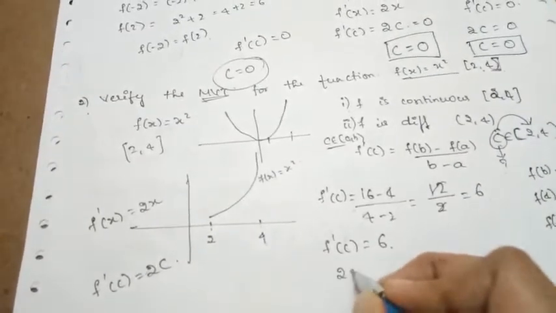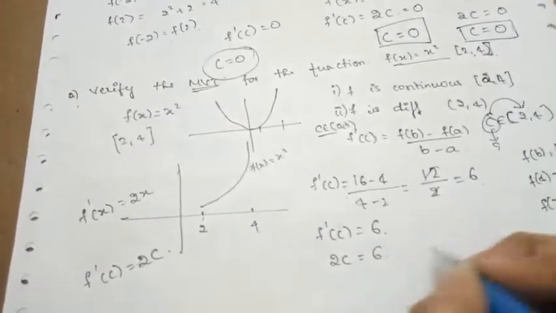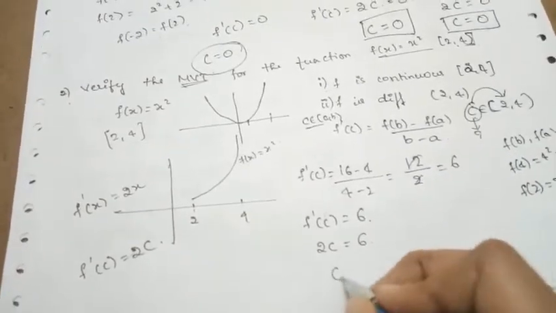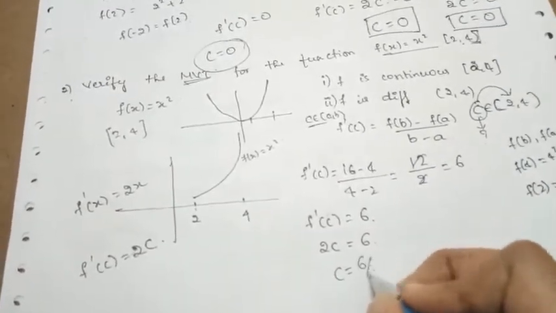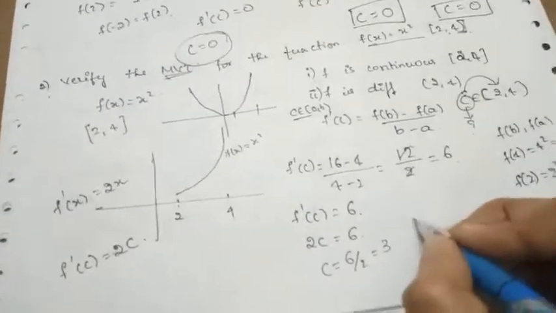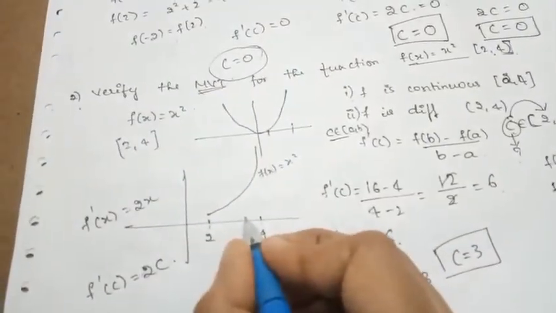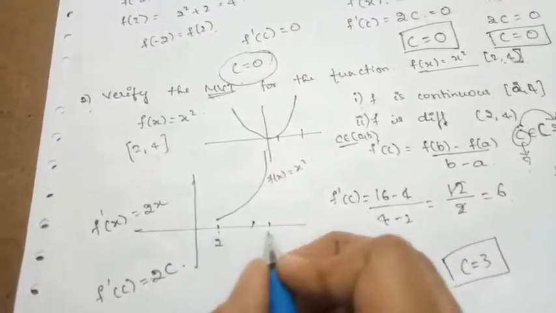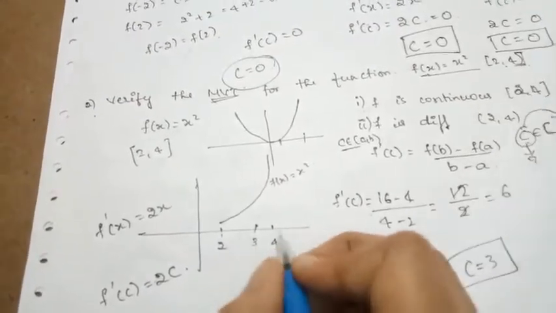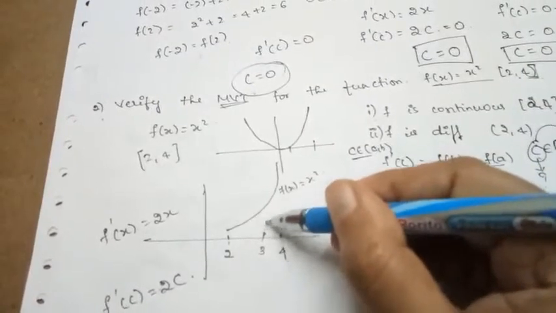Substituting, c is 6 by 2, which is equal to 3. So we got the value of c equal to 3, which lies inside the open interval 2 comma 4.